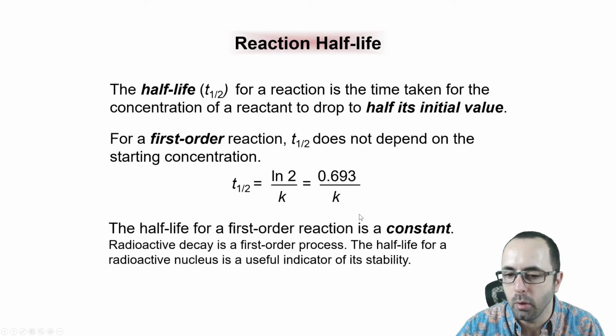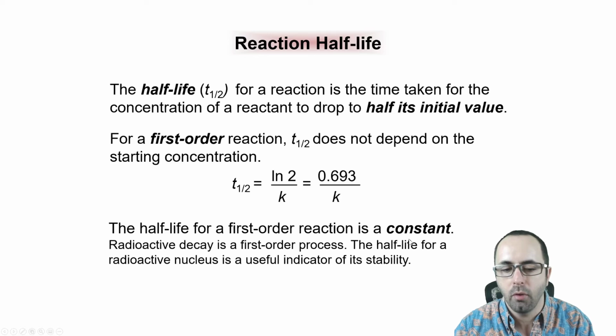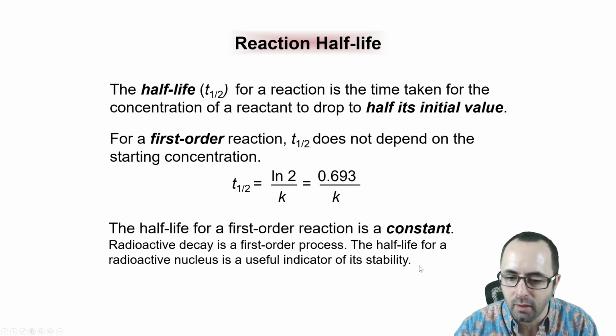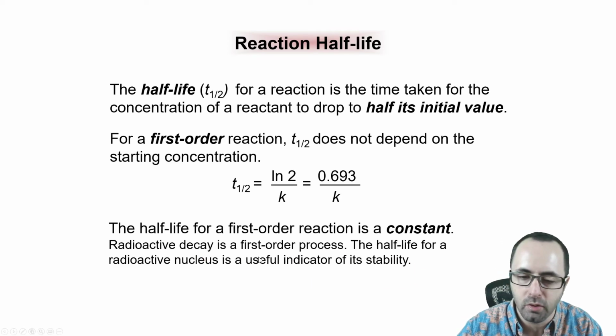Natural log of 2 is 0.693. This is for a first order reaction. And for a first order reaction, the half-life is constant, but for second order, it's not. That's why the half-life is very useful in terms of radioactive decay, and that's why we first encountered it there. But it's also a concept that comes into play for kinetics of chemical reactions as well.